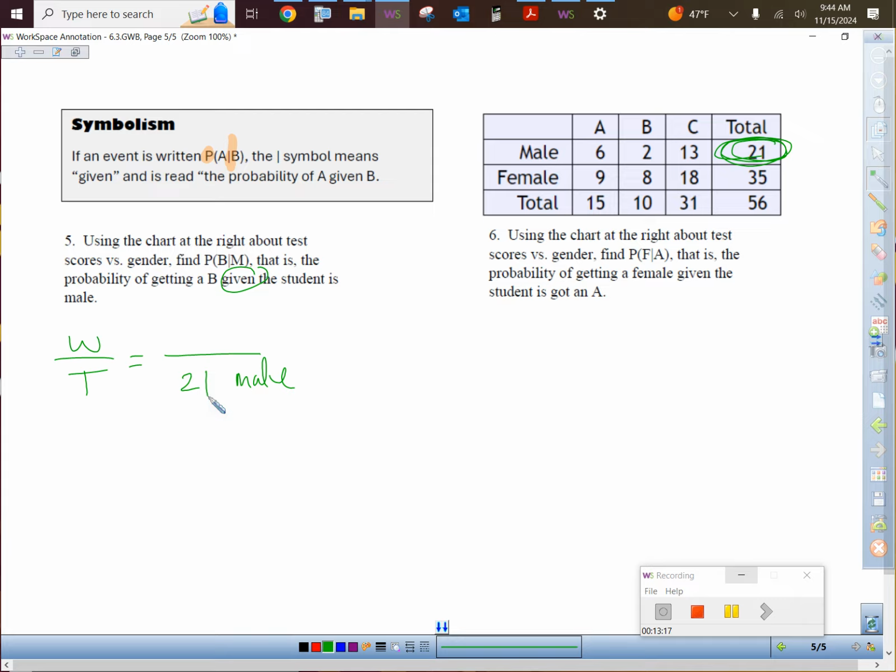What they want us to see is the chances that those people got a B. So it has to be a male that got a B as well. Are you with me on where I circled that? I only looked in this column because these are all the males, right? And 2 of them got a B. So I wanted a B out of all the males. We can punch that in to see what that is as a decimal also.